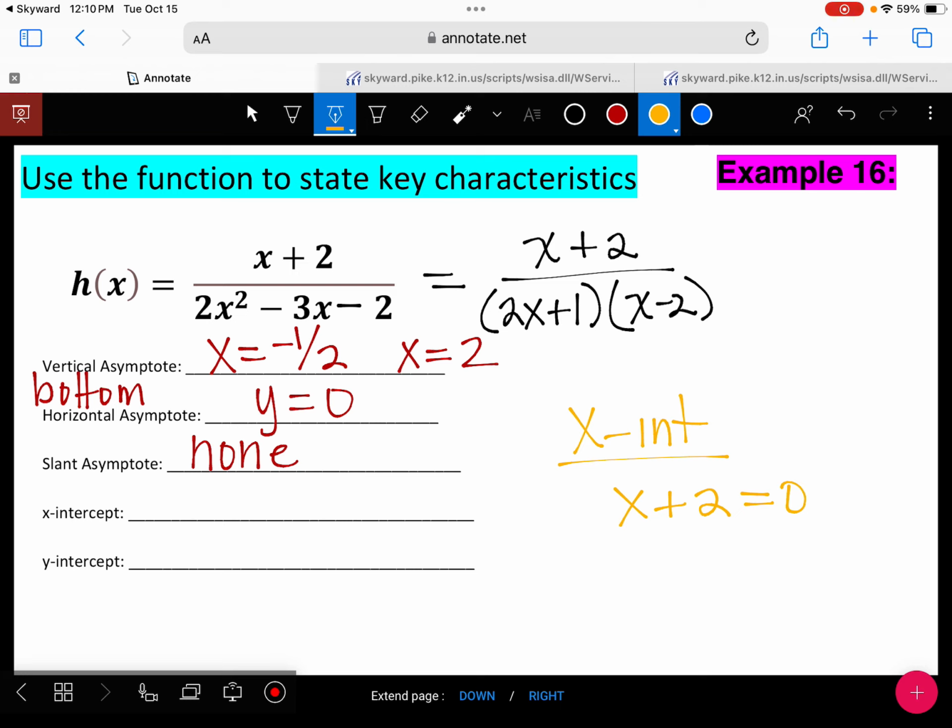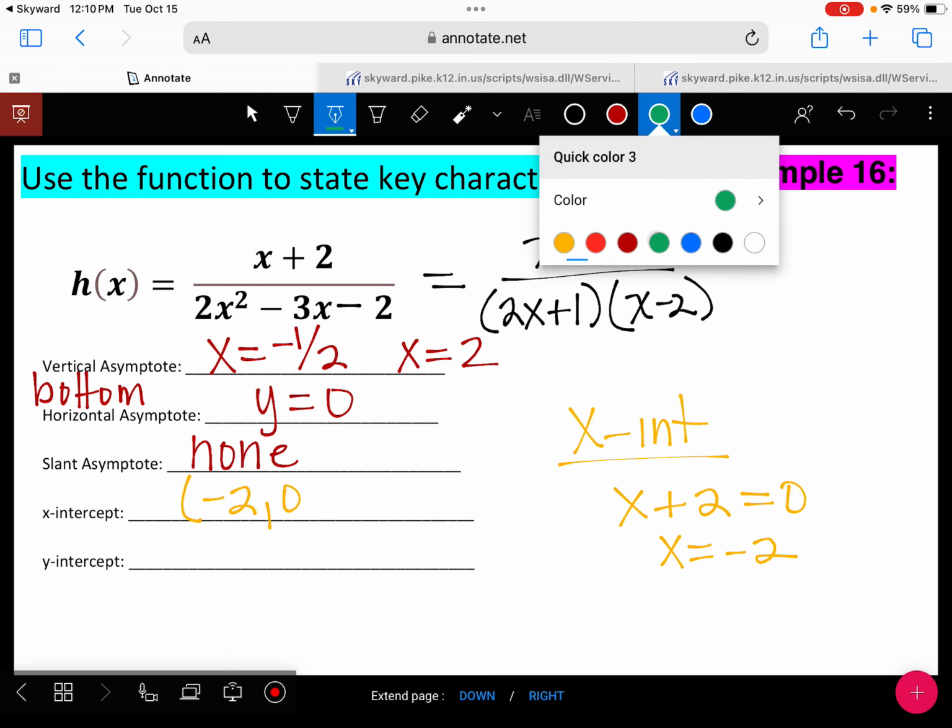Write your answer as an ordered pair. You should get -2, 0. Who got -2, 0?